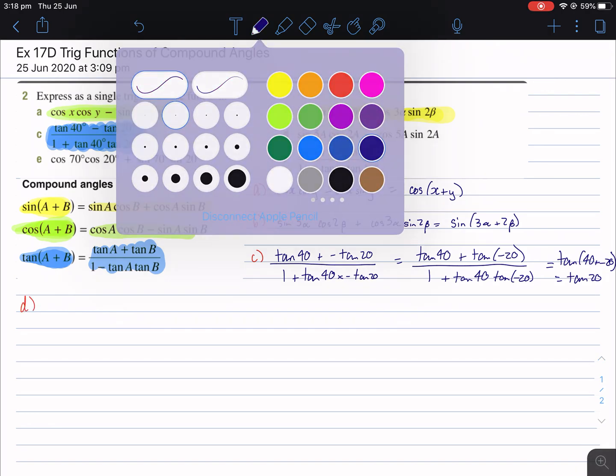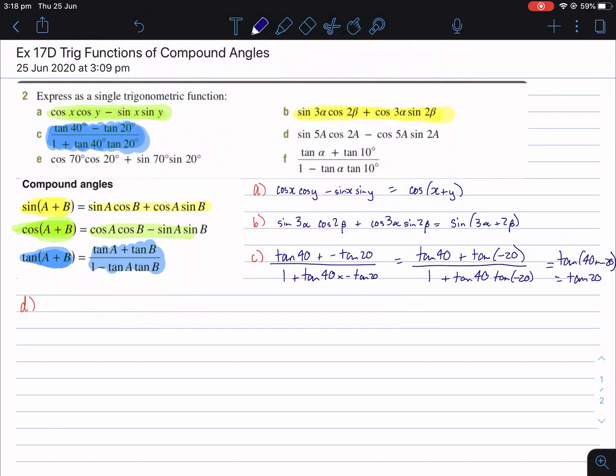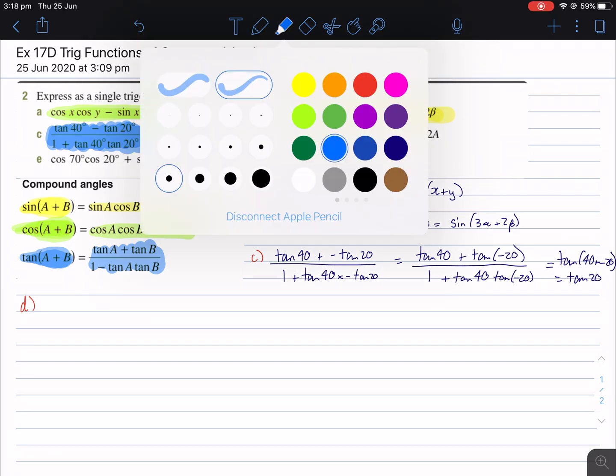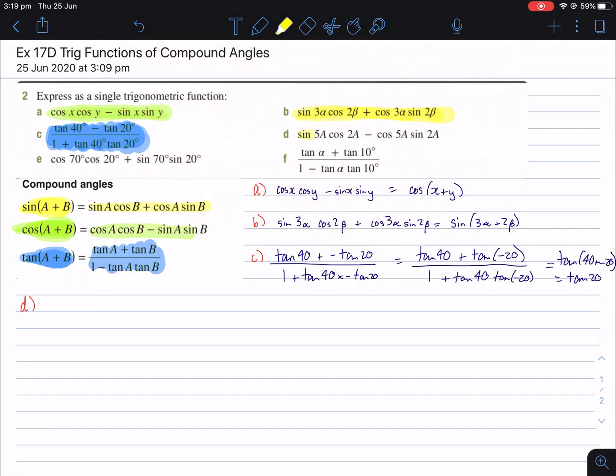Question D, sine cos sine. I reckon it's a yellow one, but I reckon B is negative.